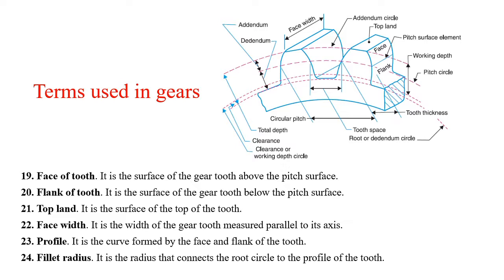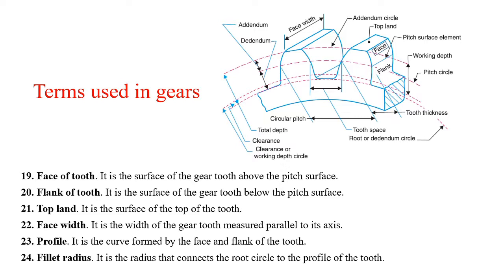Next, face of the tooth. It is the surface of the gear tooth above the pitch surface. It is shown here by the square block in this figure. The surface above the pitch surface element is called the face, and the flank of the tooth is the surface of the gear below the pitch surface.